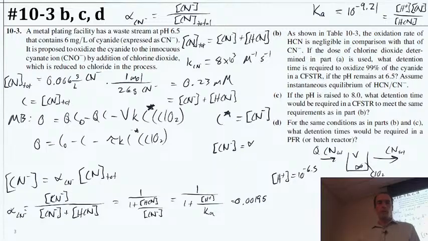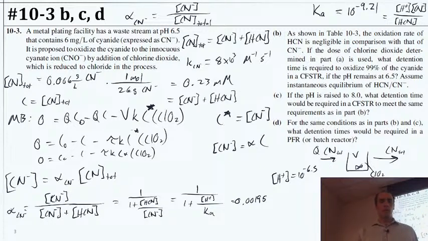Cn minus then would be this alpha times C. That means C star is equal to alpha C. That means we can rewrite this portion as 0 equals C naught minus C minus tau K C times alpha times our ClO2. Okay, from there, we can divide everything by C and then solve for tau.